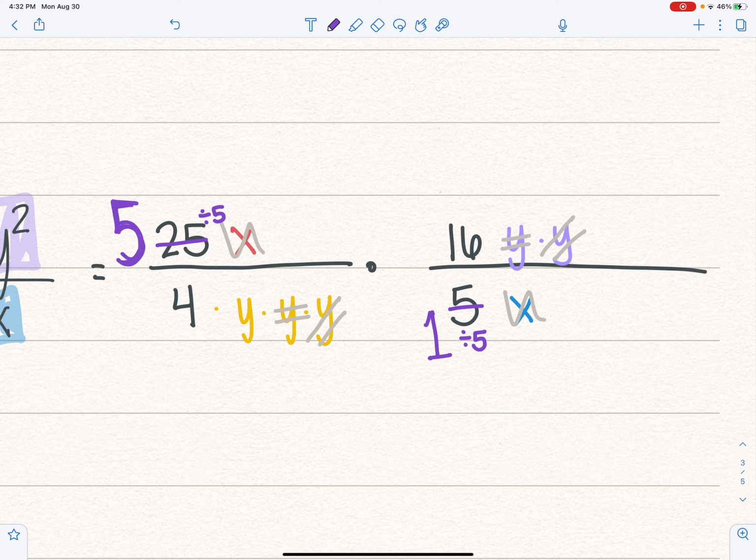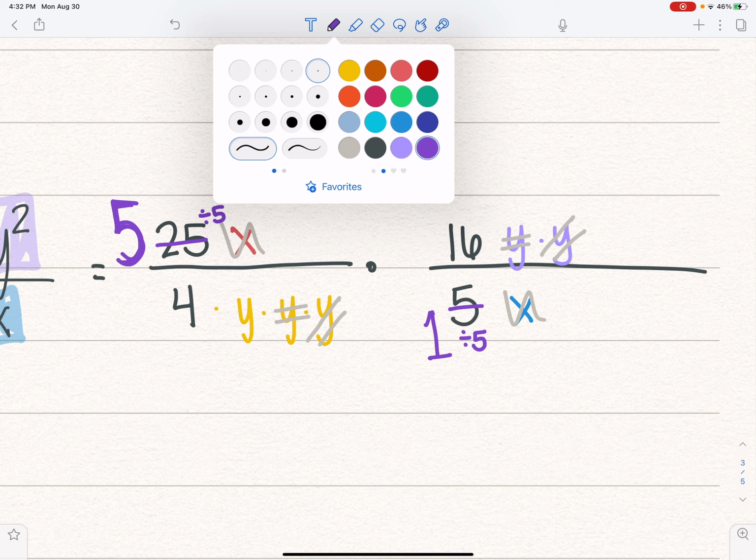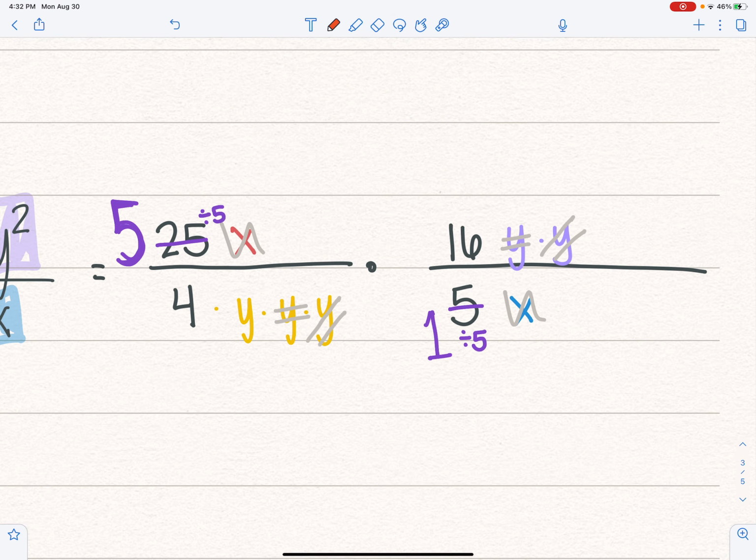You're pretty comfortable with numbers. I'm going to do the same thing with the 16. I can divide 16 by 4 and have a 4, and 4 divided by 4 and have a 1. And so I don't have anything else that cancels.